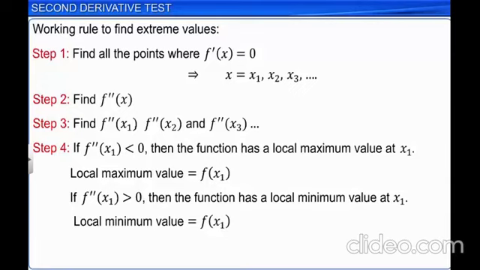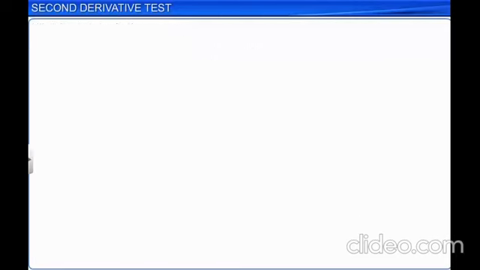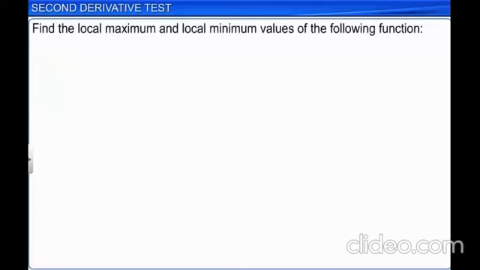Let f of x be a function given by 2x cubed minus 21x squared plus 36x minus 20. We have to find the local maximum or local minimum values of this function. On differentiating with respect to x, we get the derivative as 6x squared minus 42x plus 36.